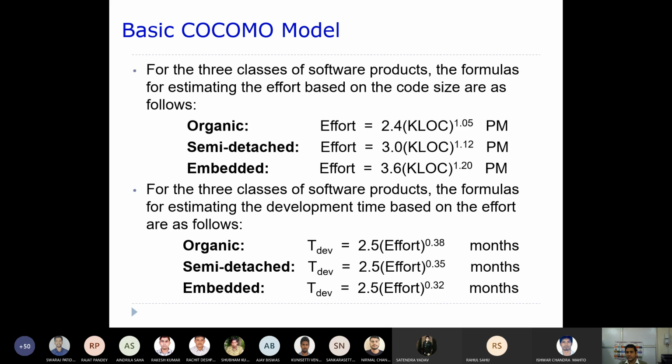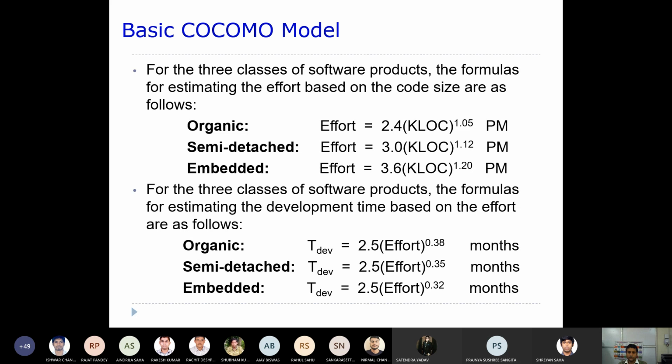Development costs increase exponentially. Both are exponential, okay. This is an exponential curve, but which one is superlinear? That means it will be effort. Because the slope is 1.05, you can see there, 1.12, that is more than 1.